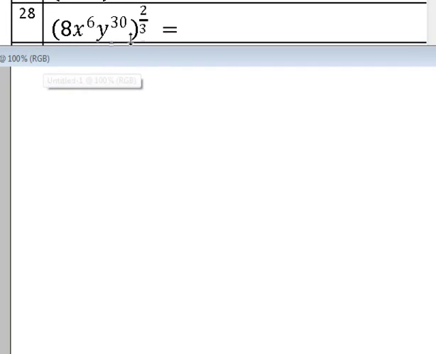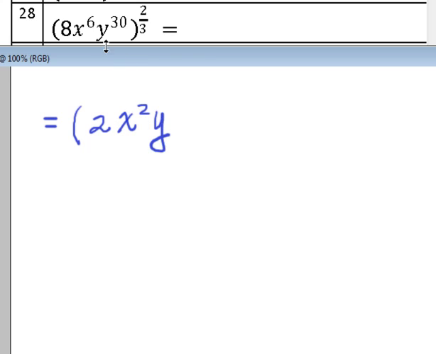In number 28, we have an expression and a fractional exponent. So first we do the denominator, which is a cube root. We're going to take the cube root of our expression. The cube root of 8 is 2. The cube root of x to the 6, divide that exponent by 3, 6 divided by 3, so we have x squared.